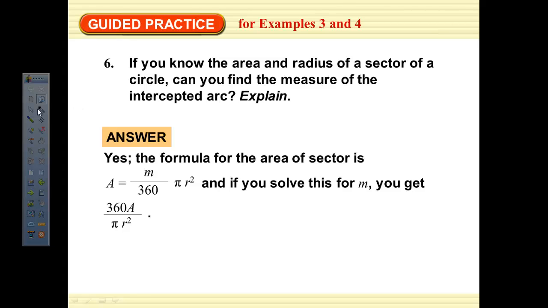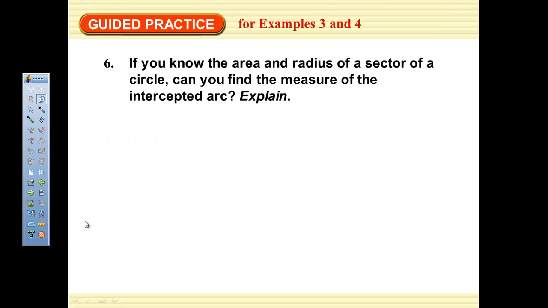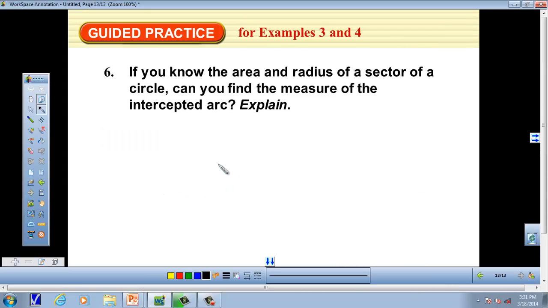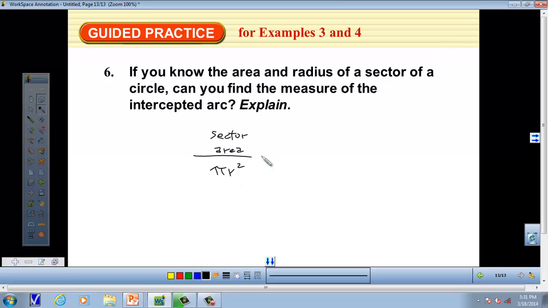Yeah, so I'll show you on mine what that would look like. So we've got sector area, and we've got pi r squared here, and the thing that we don't know is the central angle, which is also the measure of the intercepted arc. So they're really asking for that. Central angle and 360 here.